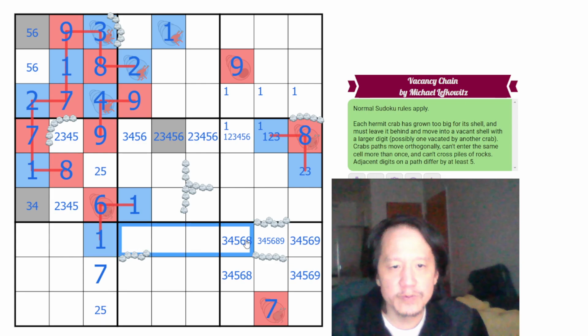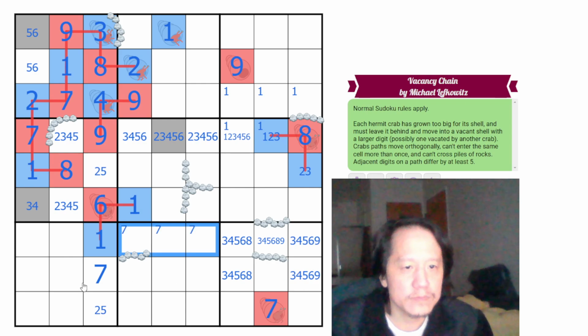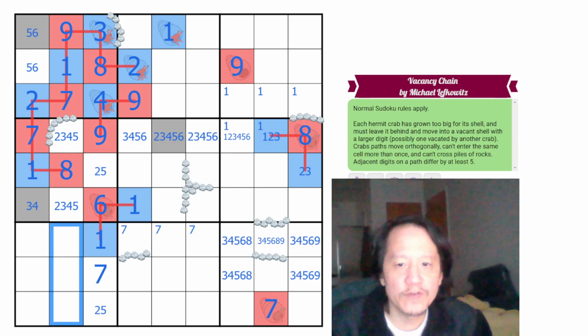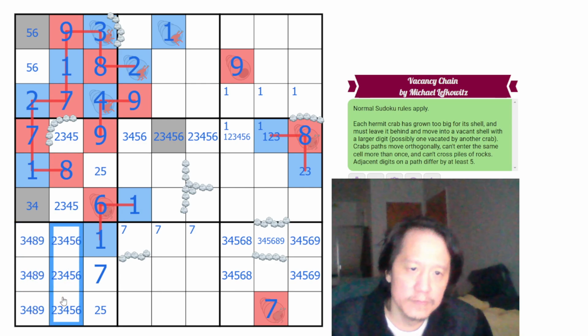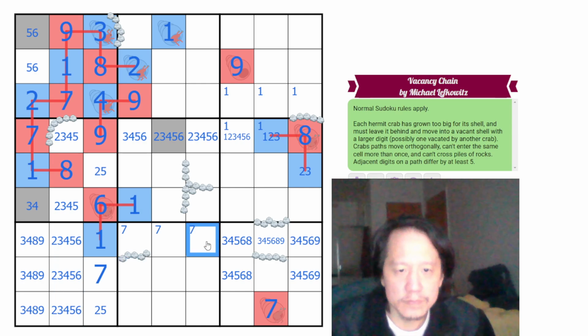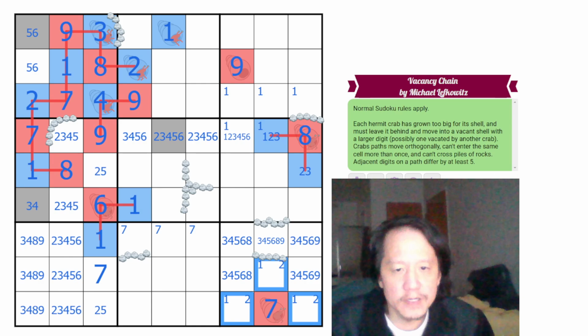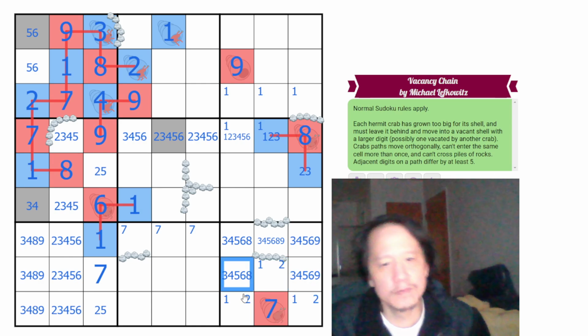This can't be 7 anymore, therefore this has to be the 7. So 7 has to be one of these 3. This is 2, 3, 4, 5, 6. This has to have an 8 and 9 and a 3 and 4. 7's one of these 3. 1 is one of these 3, and 2 is one of those 3 also.